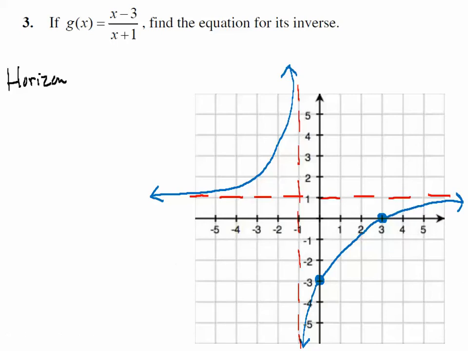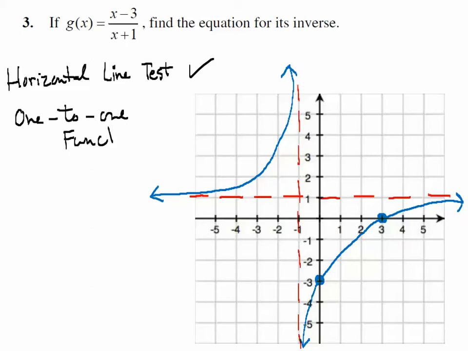So here it is. Let's see if this makes sense. It passes the horizontal line test. Check. And let's do the logic here, okay? Logic and steps here. Since it passed the horizontal line test, we know that this is a one-to-one function. Yeah, exclamation point.